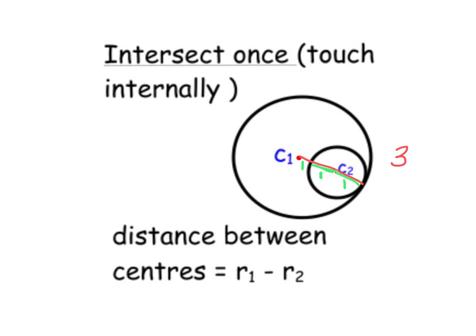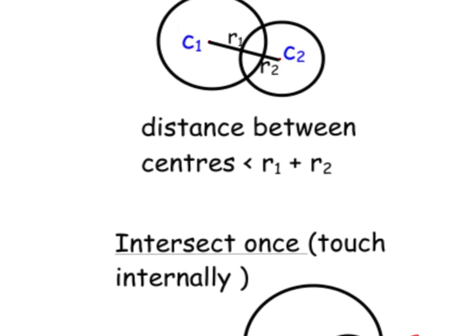So if I did the radius of the big one take away the radius of the little one, that would be 3 take away 1, and the distance between the centres would be 2. So they match. So if the distance between the centres matches the radiuses subtracted, then these circles touch internally and they lie inside each other. It's a lot harder to draw and illustrate this one.